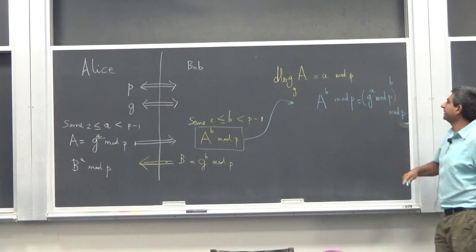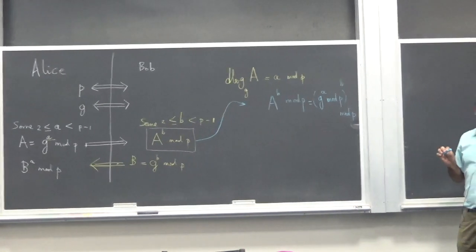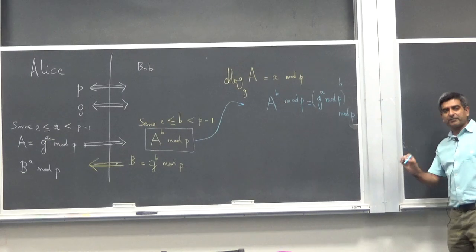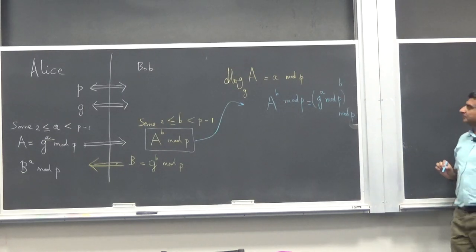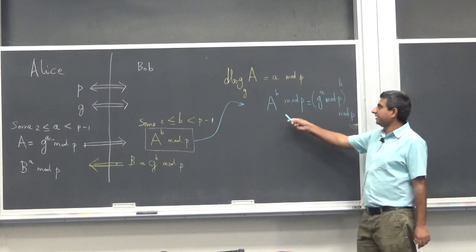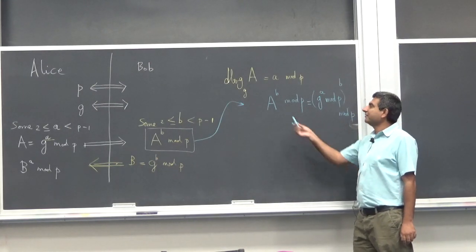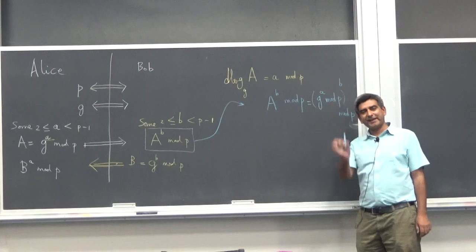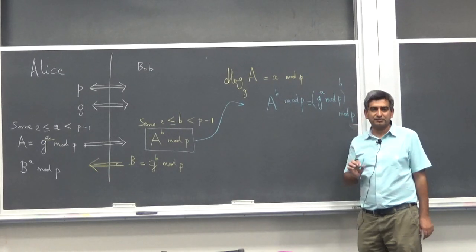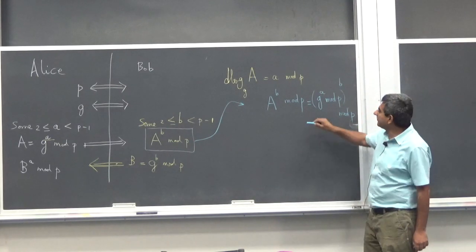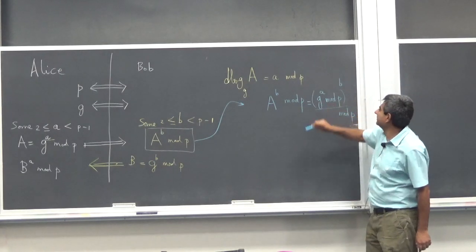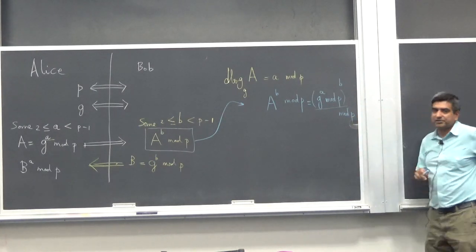So this is (A^b) mod p. This is what is in Bob's possession, what he has received from Alice, and exponentiated Alice's signal coming in from Alice with respect to his own exponent small b. Now let's try to find out what this thing is. (G^a mod p) raised to power b.